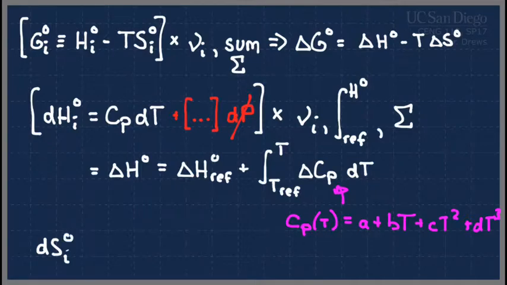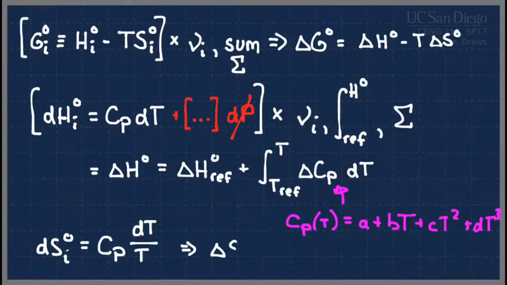dS circle was defined as Cp times the change in temperature divided by the temperature. If we do exactly that same procedure, we're not going to write all of that out, we get something that looks really, really similar.